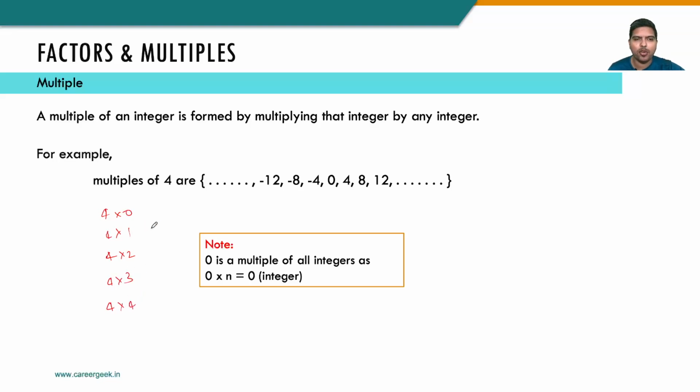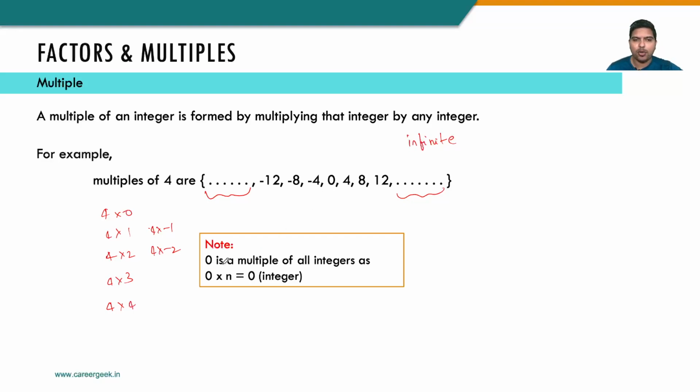The same way, 4 into negative 1, 4 into negative 2, negative 3, and so on and so forth. So for any number, there will be infinite multiples. That's why the dot dot dot is given on either side, right? There are always infinite multiples of any number.